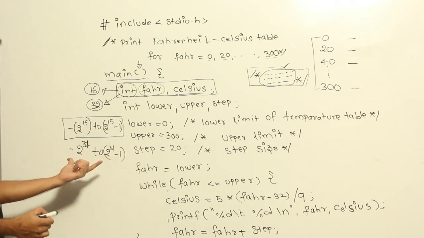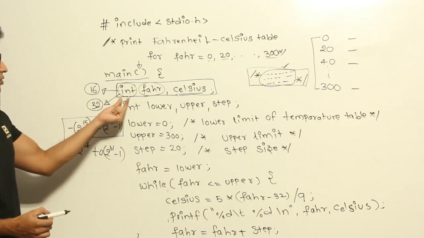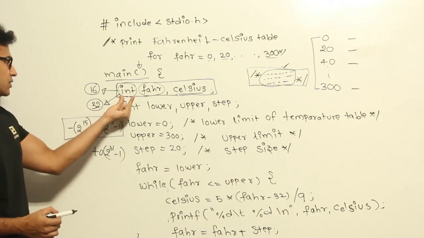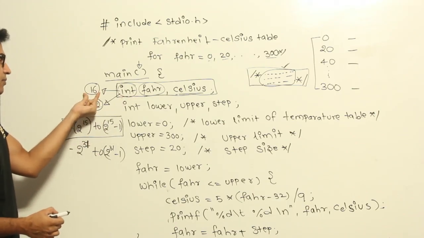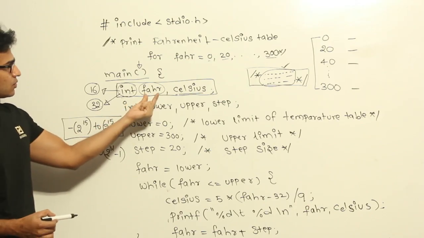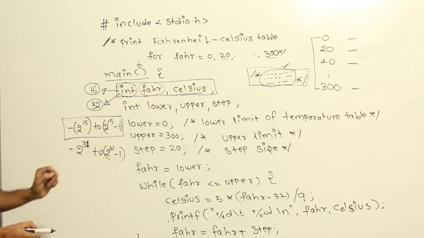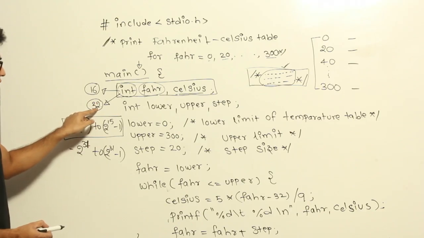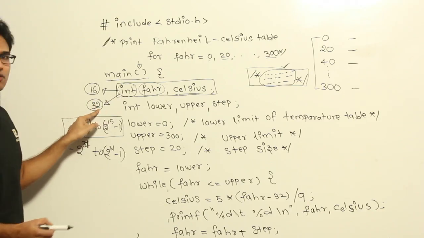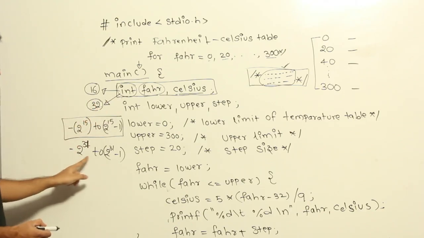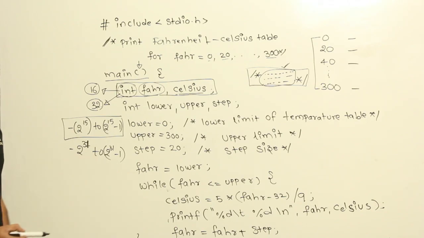What this means is, if you have a system in which integer is implemented as a 16-bit number, then the numbers you can store in Fahrenheit range from here to here. If it is implemented in a system in which integer is given 32-bit size, then the numbers range from here to here. That is the meaning of it.